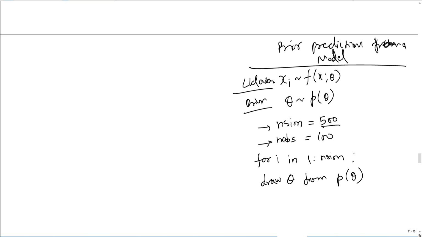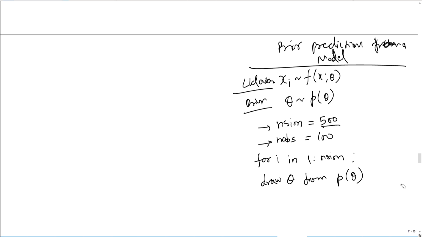How do I do that? Suppose the prior distribution is normal, then I would generate theta using rnorm, right. So, I can use the rnorm function, depending on what your prior distribution is, and whatever the prior distribution was, let us say normal 6, 1. So, this will give me theta from this prior distribution normal 6, 1, right.